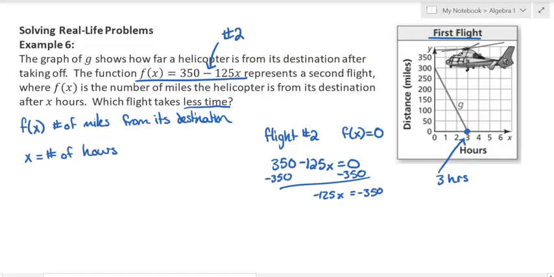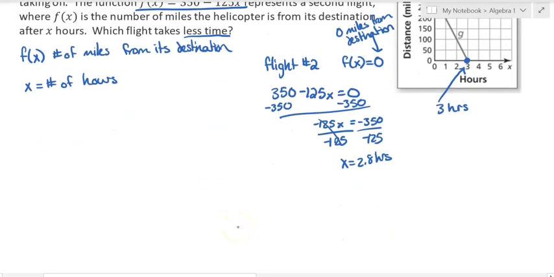And then I can divide by negative 125, which I get 2.8. So that means it took 2.8 hours for flight 2 to reach its destination. So what this means is 0 miles from destination. That means literally it's at the destination. And so that means flight 2 takes less time.